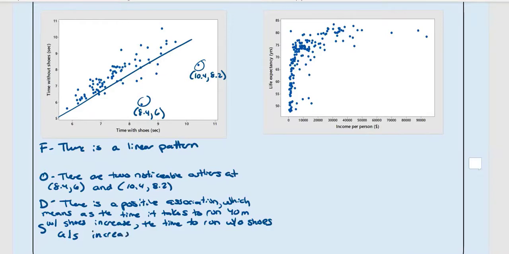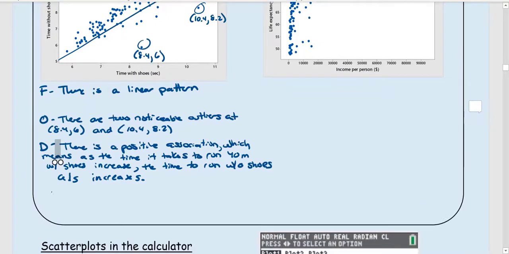And as you can see, we kind of went into our strength here. The last thing we have is S, which is strength. Because the points do not vary much from the linear pattern, I would say the association is strong.